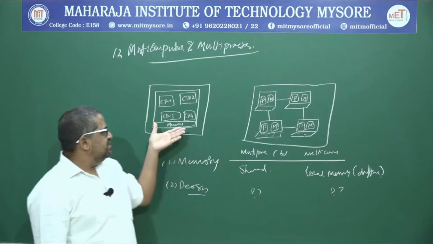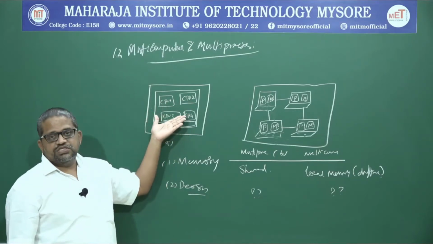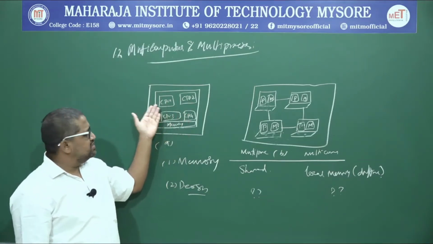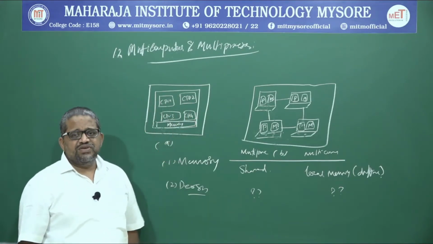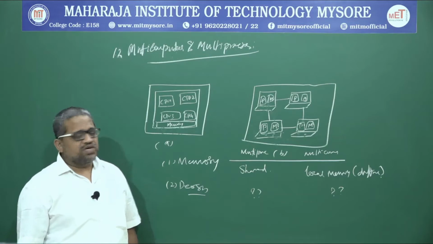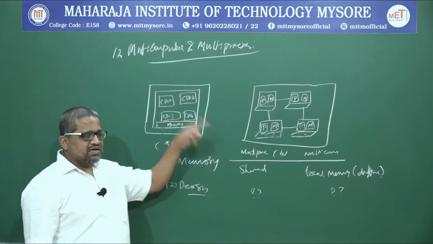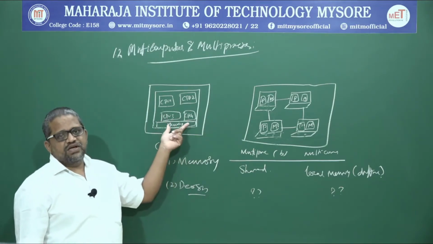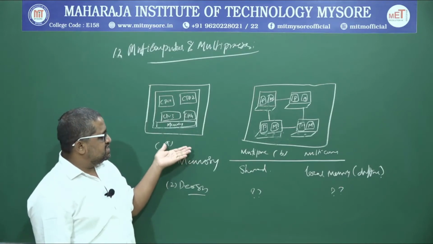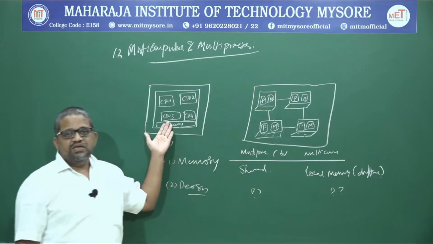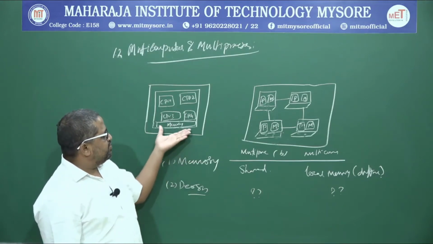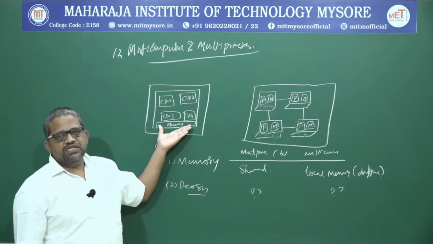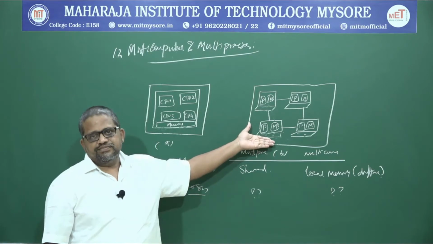But here, if I want to add more processors, it becomes very difficult, because communication among the processors with the memory etc. is very difficult; as the number of processors increases, the communication becomes very difficult. So, scalability is a consideration. This is easy, but this may not be. But when I look into other parameters, say fabrication, this is going to be very easy, but this may not be, right.